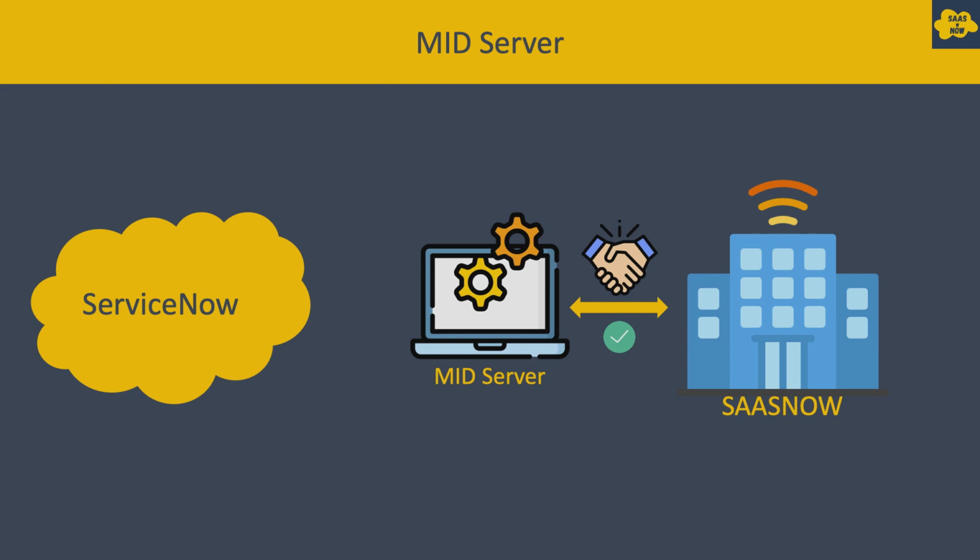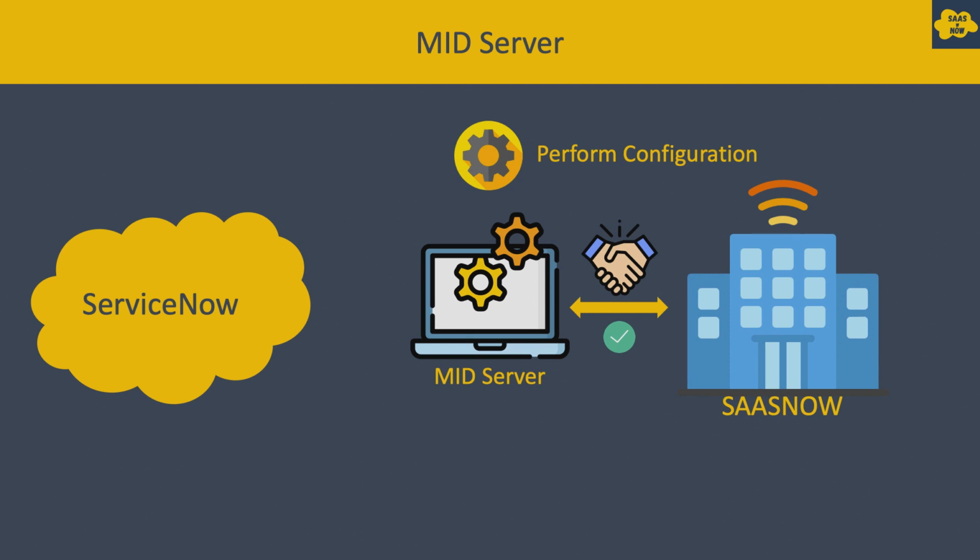But the question is how ServiceNow will be able to communicate with this mid-server. So in order to establish this connection, you need to perform some configuration on this mid-server, where you need to put some details of your instance with username and the password so that mid-server will have access to your ServiceNow instance.